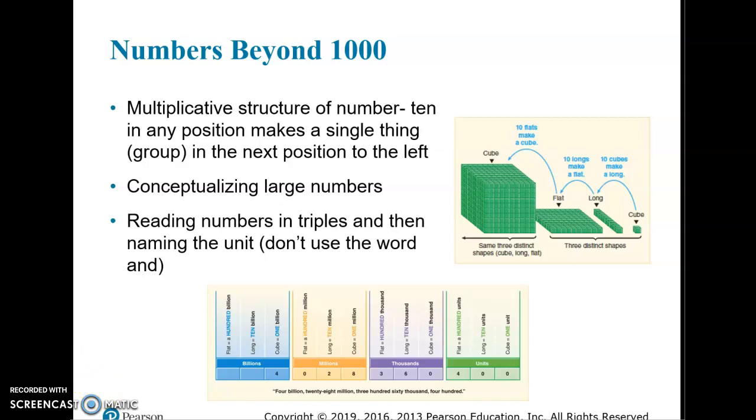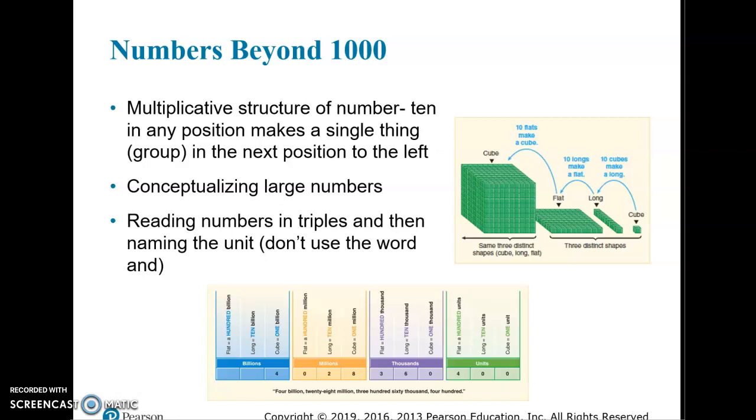When using cubes, you can have students make 10 cubes that make a long, then 10 longs make a flat, and 10 flats will make an even bigger cube. At the bottom, there is a place value chart, and if you notice in the green, the units. 1 cube is a unit, 1 long is 10 units, 1 flat is 100 units.